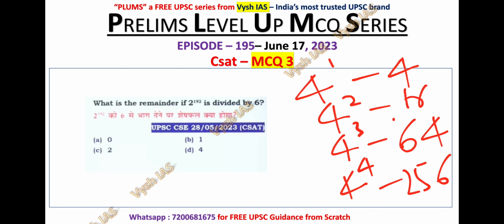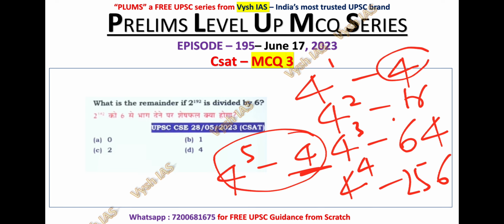What is happening over here? If you take 4 power 5, the unit digit will again be 4. What is happening over here? 4, 6, 4, 6. It is repeating.